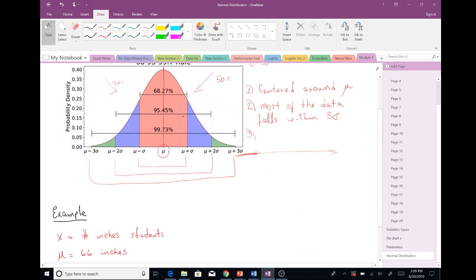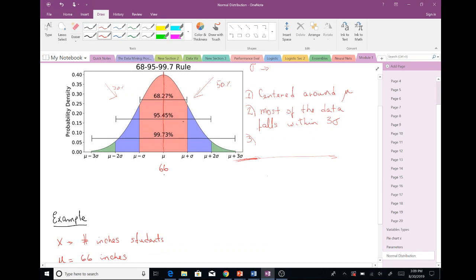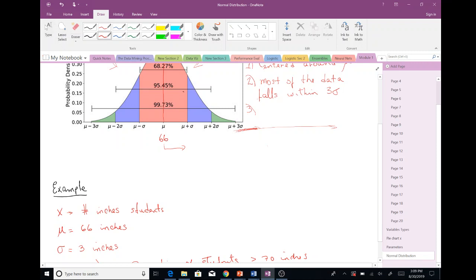If we go to this particular graph, we know that this is 66 inches, and we want the probability that a given student is more than 70 inches, which is right around here, a little more than 1 standard deviation away in the upper tail. 1 standard deviation away would be 66 plus 3, so that would be 69.